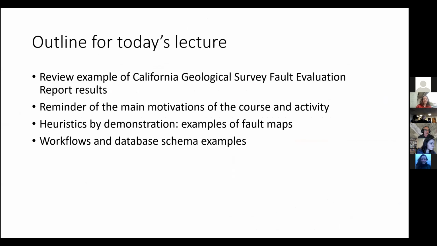So what I'll talk about now is the following. I'll review an example of California Geological Survey fault evaluation report results, kind of how this is done practically by the CGS, as one of the world leaders in these topics, because they're sitting on a lot of active faults.